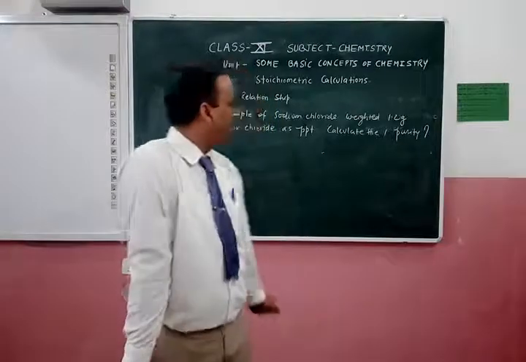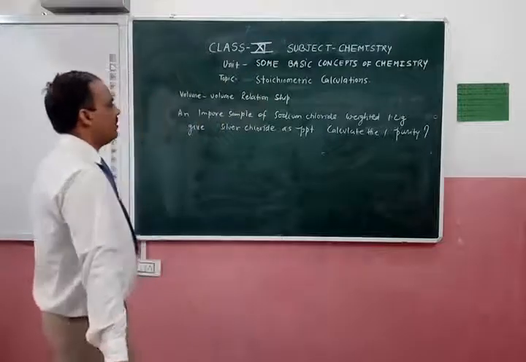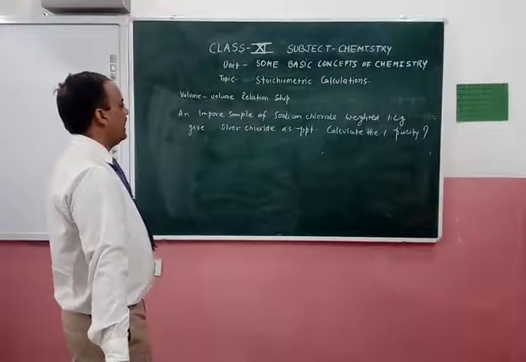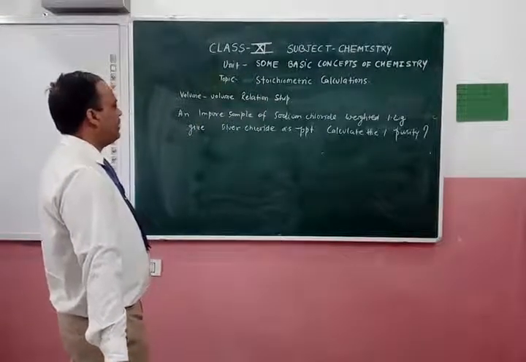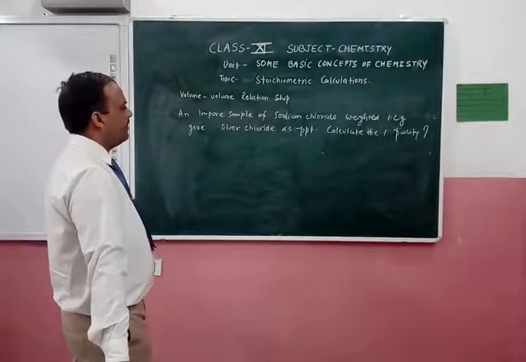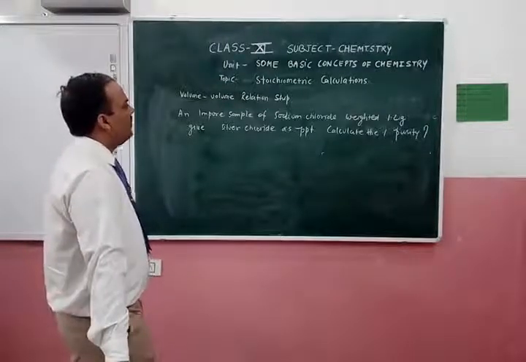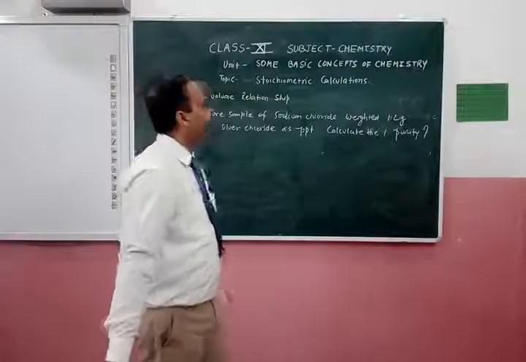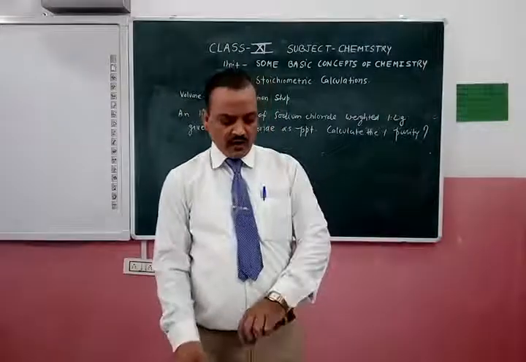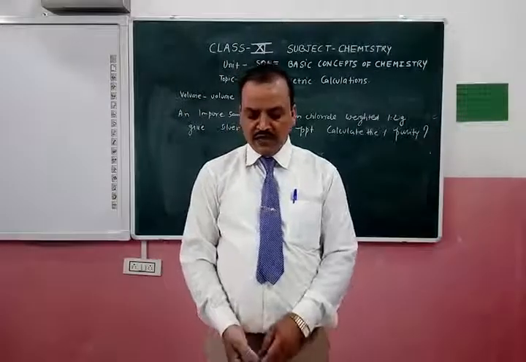In this question we have an impure sample of sodium chloride, weight 1.2 gram, and silver chloride precipitate. So how do we find out the percentage purity? This question is related to the volume relationship.